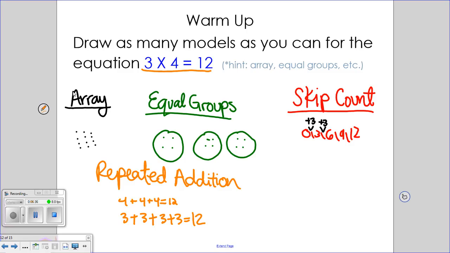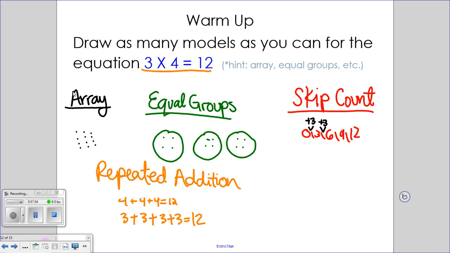So that's the strategy he's going to use the most. Who likes arrays? So maybe that's the strategy you use the most. What about equal groups? That's probably my personal favorite. Doesn't have to be yours. So when you get to step 3 on a word problem and you need to make a plan, draw it out, I need to see at least one strategy. Okay?